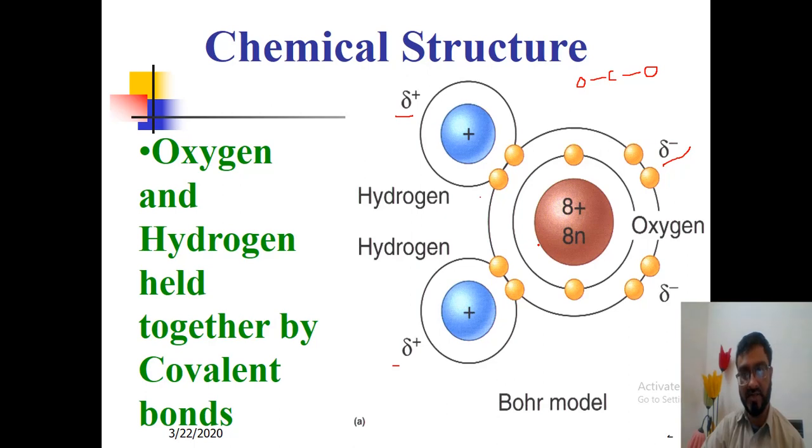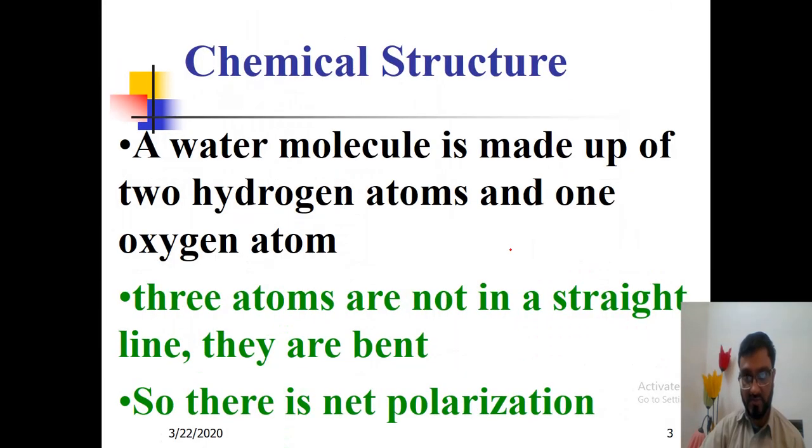Water has unique properties due to its inclined bondings. These are held together by the covalent bonding that is strong enough. These covalent bonds give the strength to the water molecule. So a water molecule is made up of two hydrogen atoms and one oxygen atom. These three atoms are not in a straight line, they are bent, so there is a net polarization.